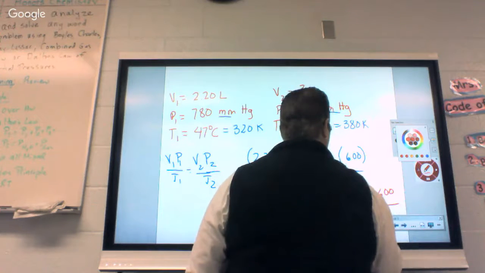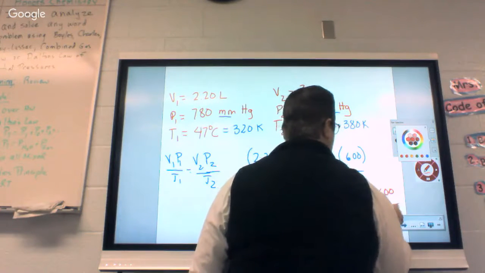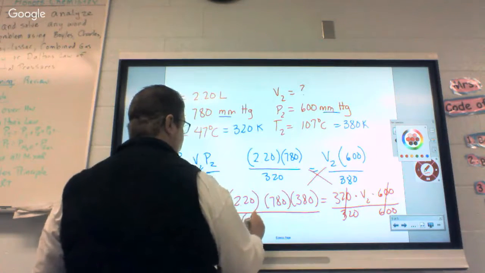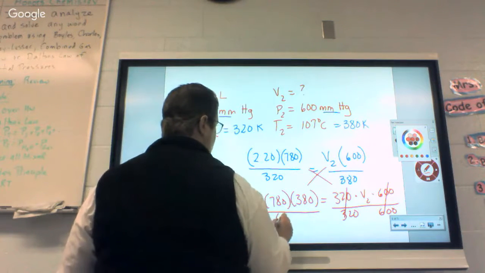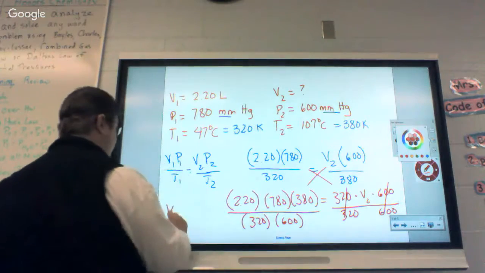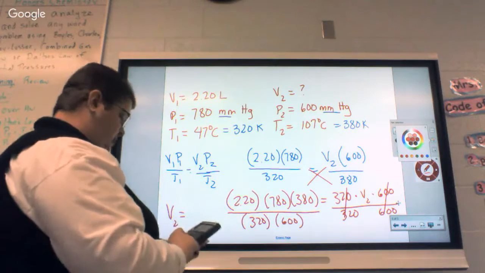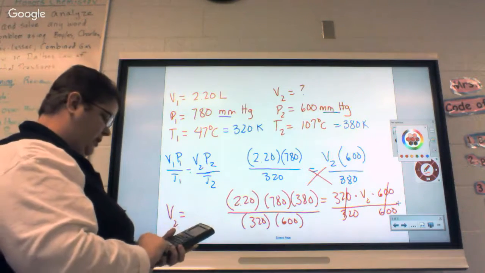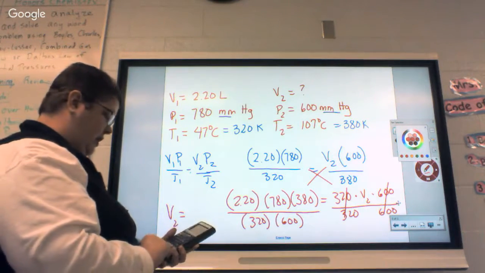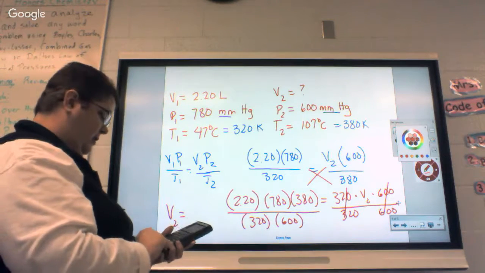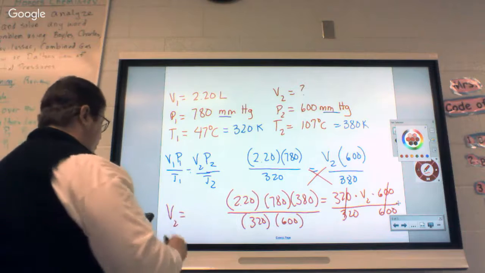I'm going to divide here by 320 and by 600, and then divide here by 320 and 600. So, V2 is going to give me 2.20 times 780 times 380 divided by 320 divided by 600. 3.39.